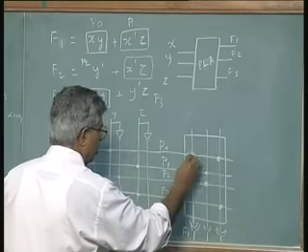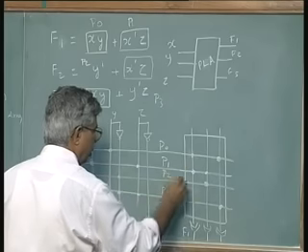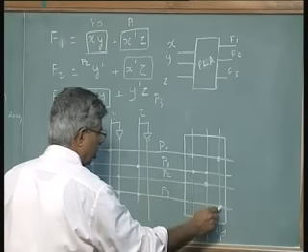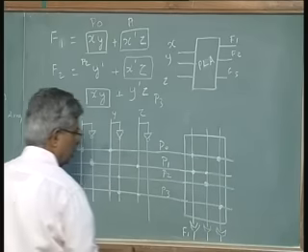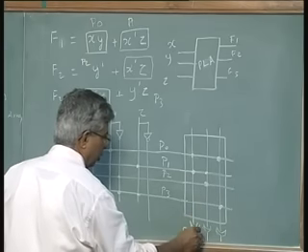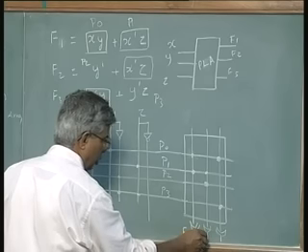So now this product term is common to 2 of the outputs, and these 2 are single. So this is F1, F2, F3. This is how you do this.